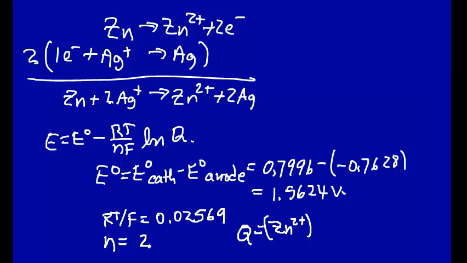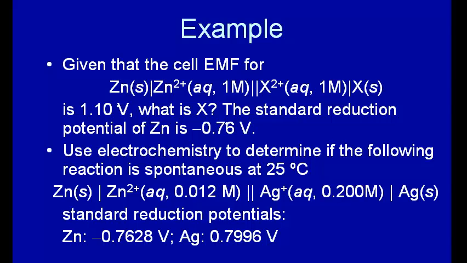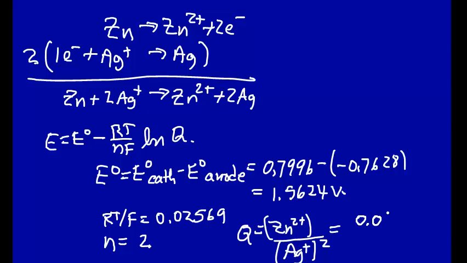Reactants, silver plus raised to the second power. So there's the reaction quotient. All right, and given in the problem, the zinc concentration was 0.012 molar, and the silver concentration was 0.2 molar. So this is 0.012 down here, 0.2 molar, and we square that.